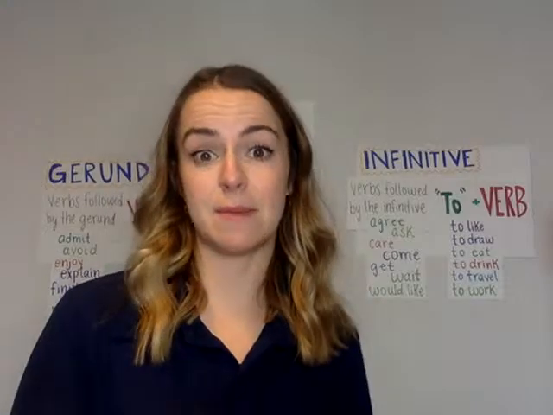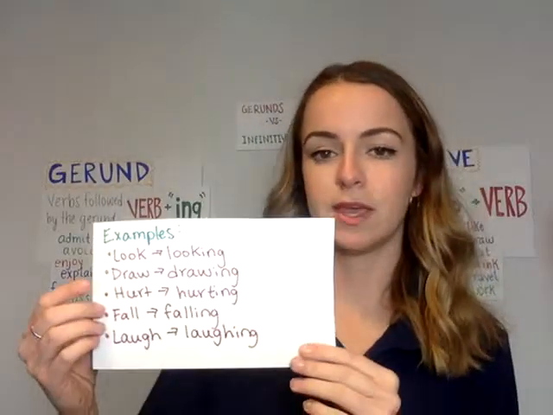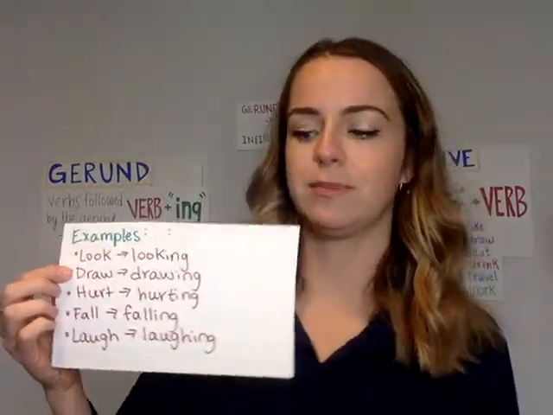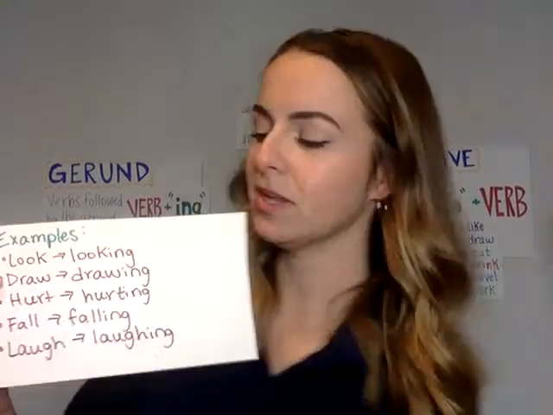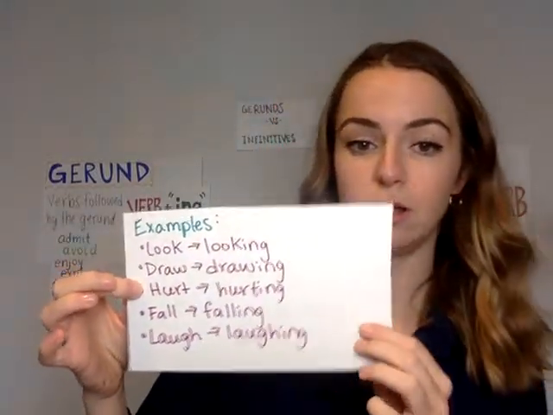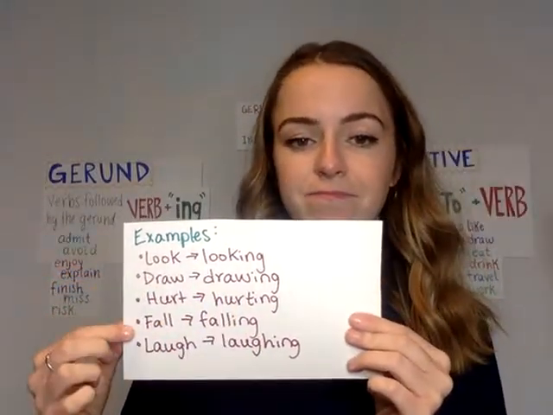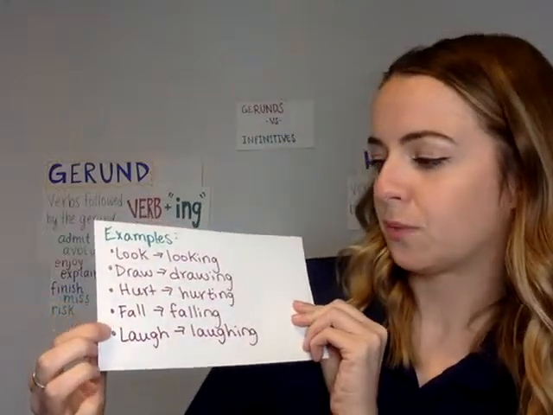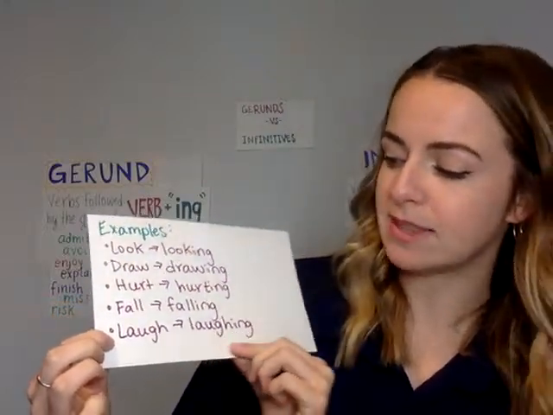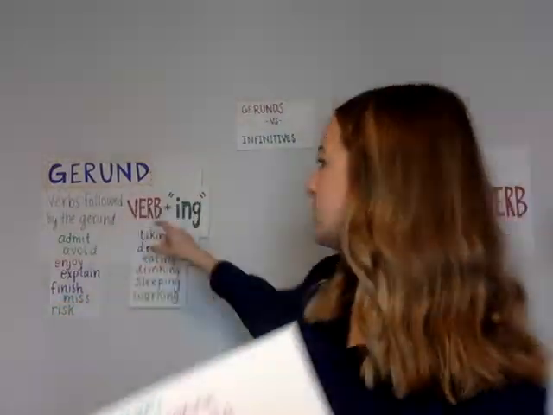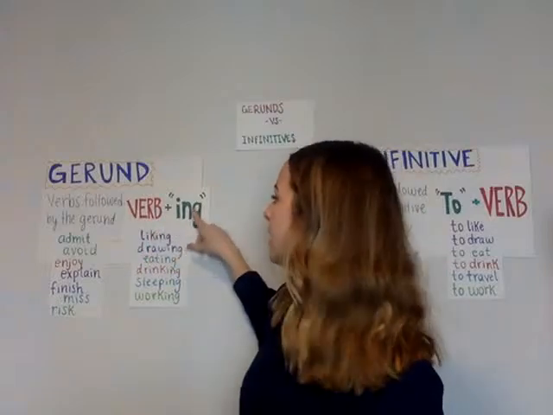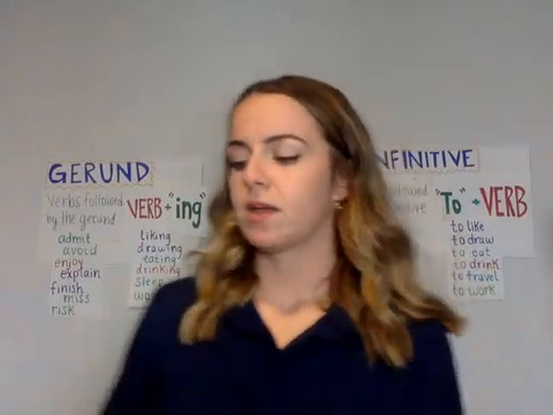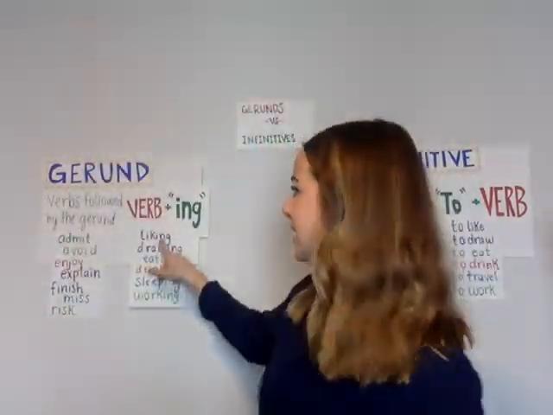So here are some examples of some gerunds. Here we have look. Look becomes looking. Next we have draw. Draw becomes drawing. We have laugh. Laugh becomes laughing. Okay, so all we do is we take the verb and add an ing. For example, up here I have liking.